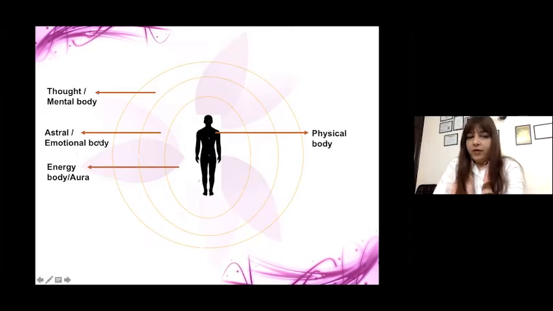And when your emotions get disturbed, these disturbed emotions will travel to your energy body, which is your aura. Now in your aura, it is said that there are 72,000 energy meridians. So when these emotions, which are already disturbed, are traveling in your aura, all these 72,000 energy meridians will get disturbed.